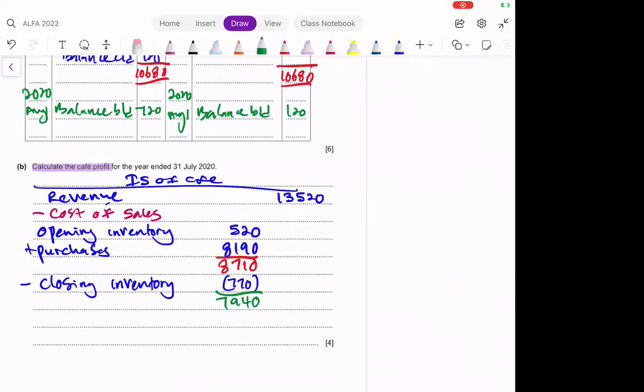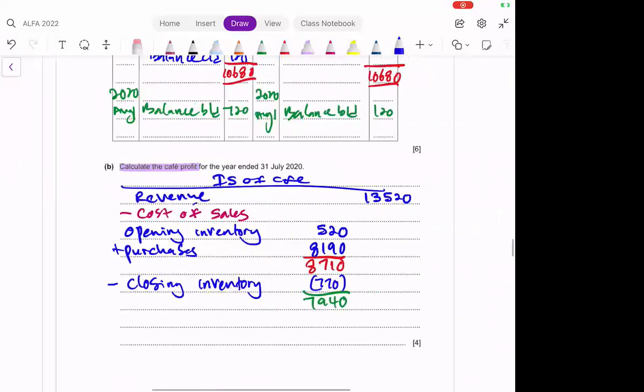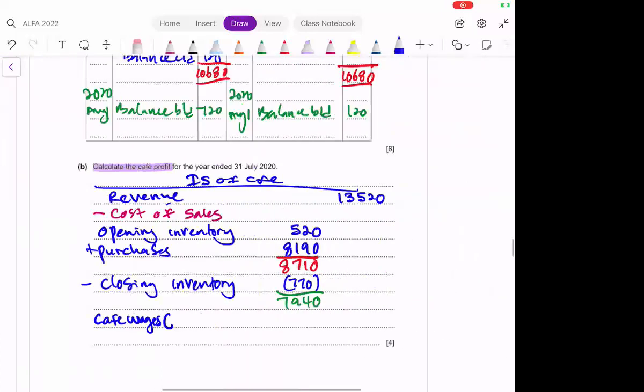I write here because I want to plus with cafe expenses. The cafe expense that I can see is wages, plus cafe wages. Cafe wages is 2750.